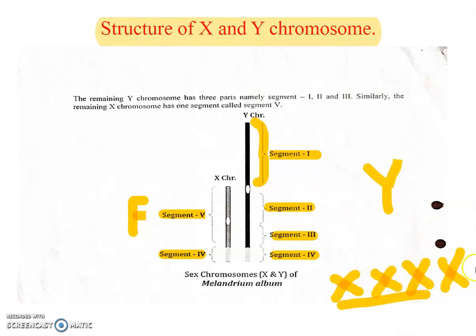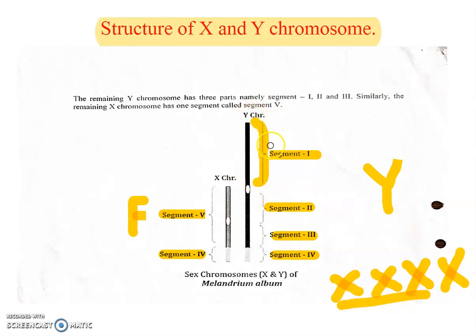So in this polyploid condition, only bisexual flowers are developed. Otherwise, in diploid, triploid, tetraploid conditions, only male flowers are produced, because of the Y chromosome.